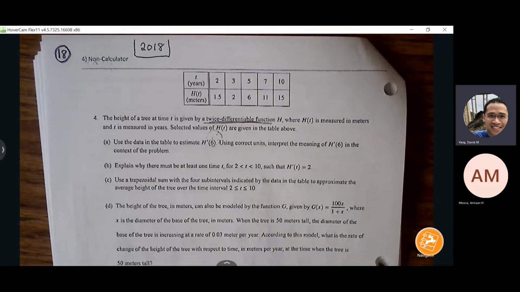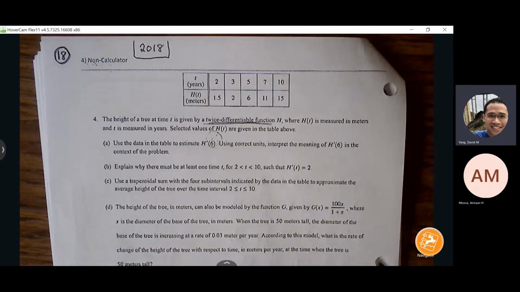Okay, so page 18, we're looking at number 4.